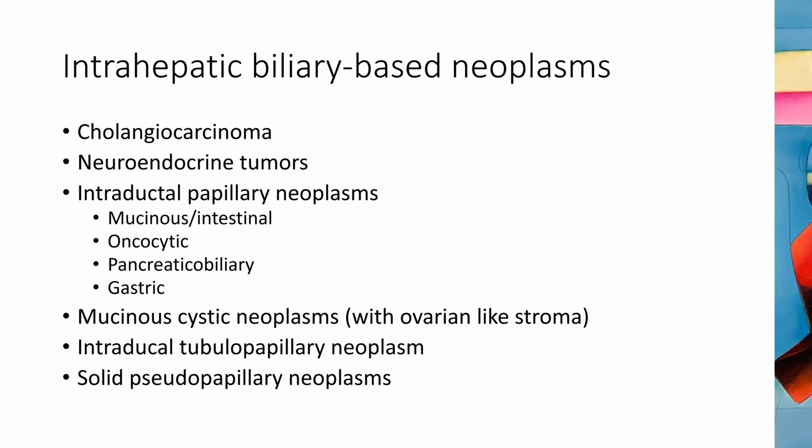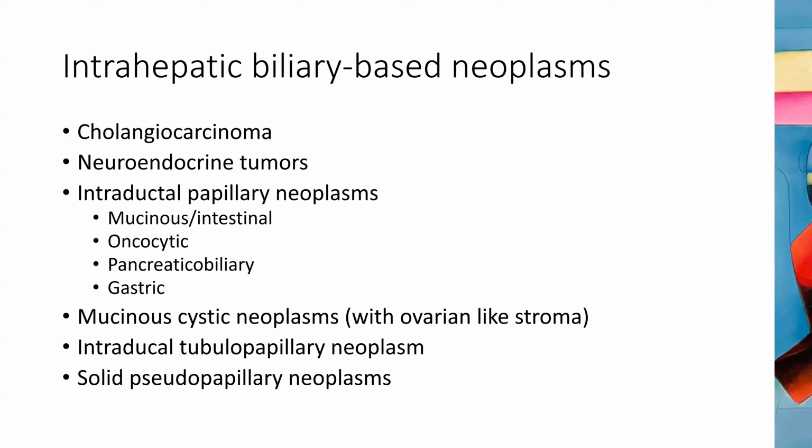Of course, the most common thing in this location will be cholangiocarcinomas. And in fact, that was the presumption of the radiologist who interpreted the MRI scan, that this patient likely had a cholangiocarcinoma. But we can also get neuroendocrine tumors in this location that can cause obstruction. They're certainly less common than in other areas, but they do occur.